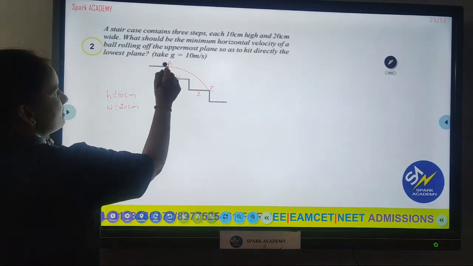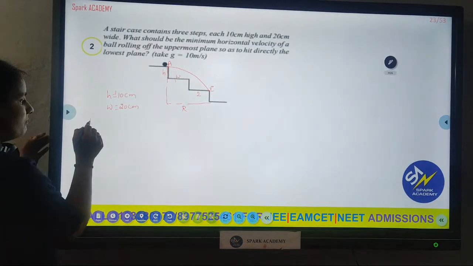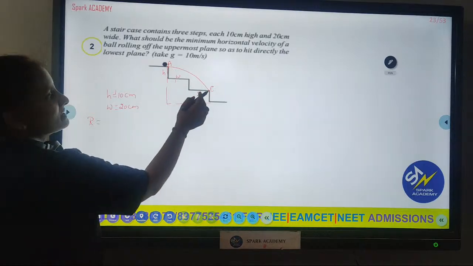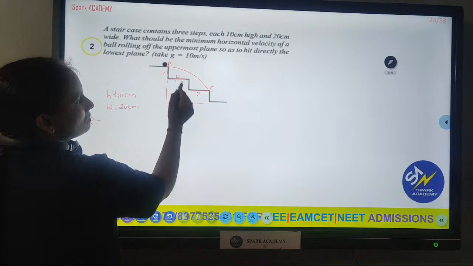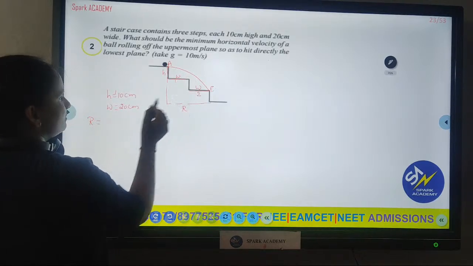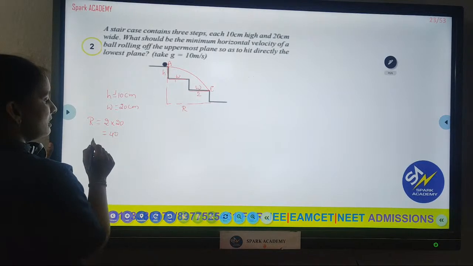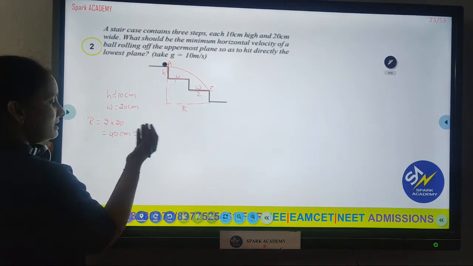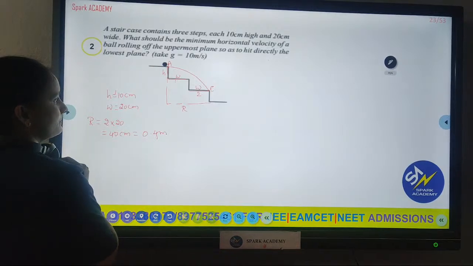Width is nothing but range. Now tell me what will be the total range when it hits the lowest plane. So 2 into this width, 2 into 20 centimeter, 40. It is in centimeter. It can be written as 0.4 meters.